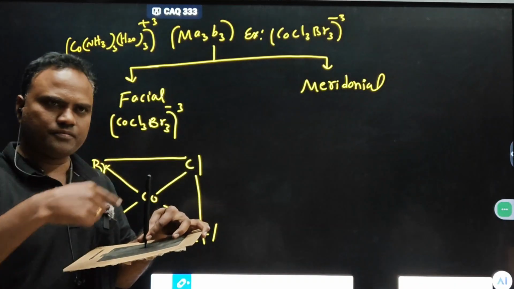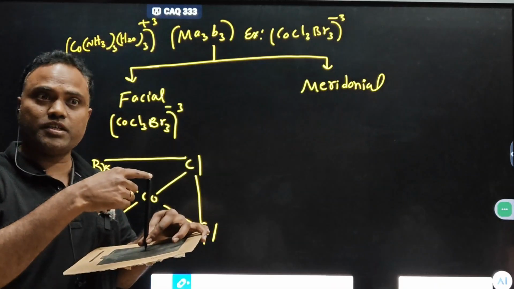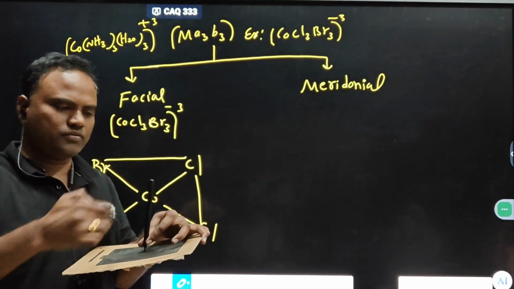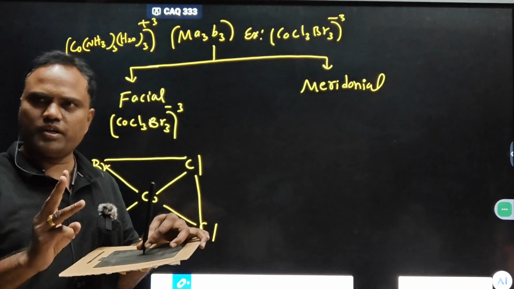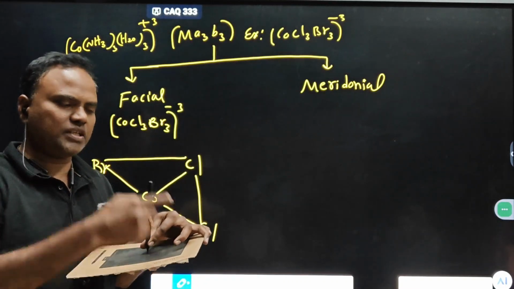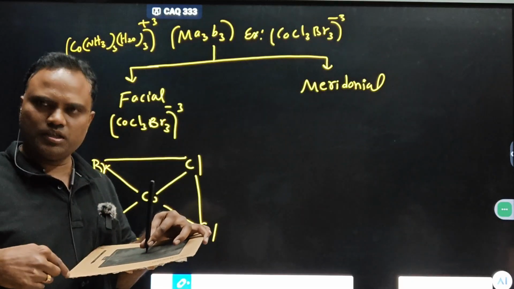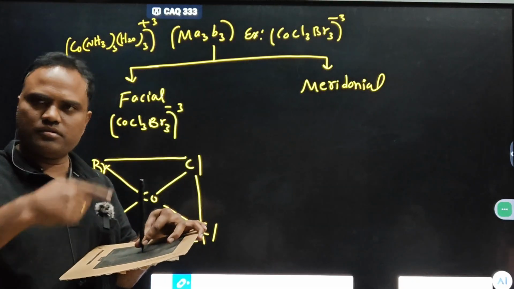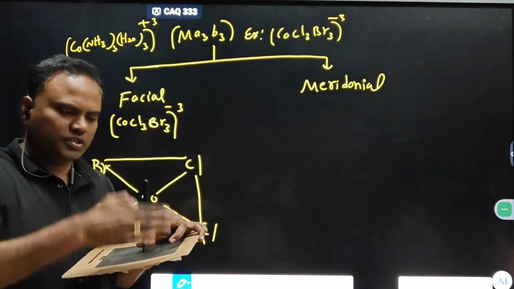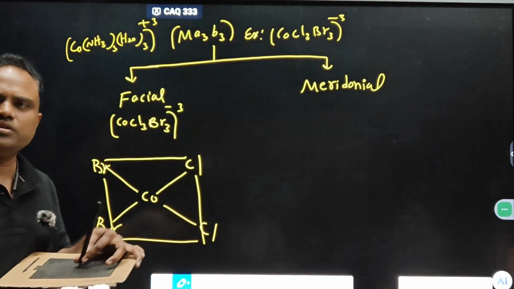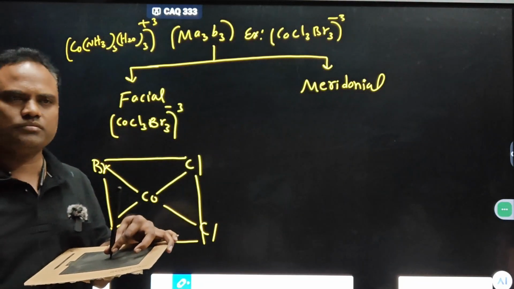What are you getting? Triangle. Okay, same phase. Three chlorine atoms, 3 similar atoms are present in the same phase or not? Same phase only, no? This is the triangle. Means in this phase, chlorine. So facial.